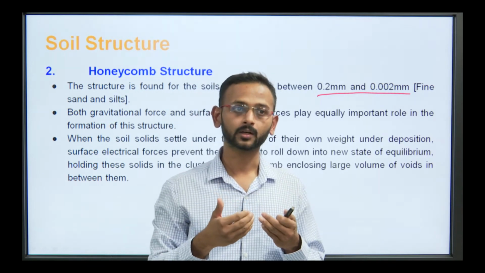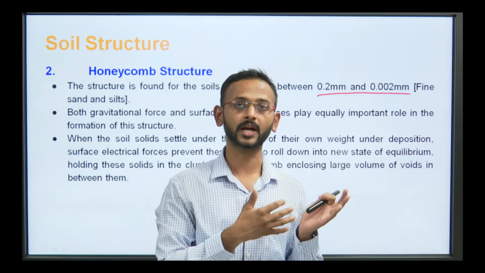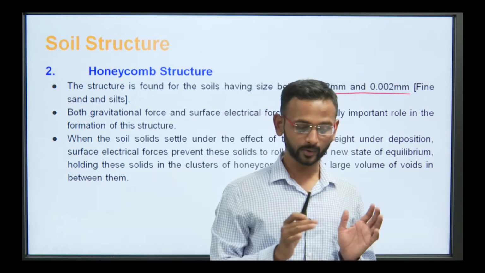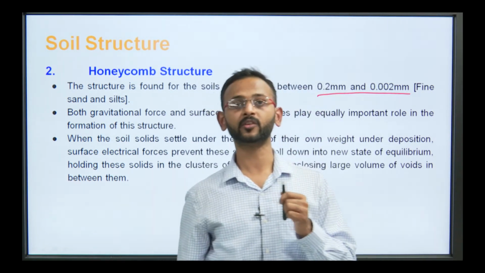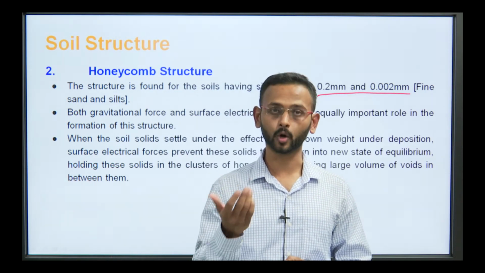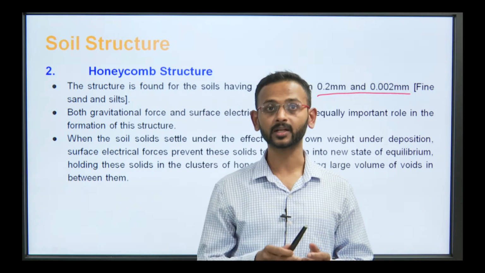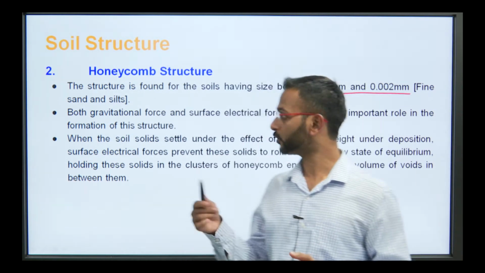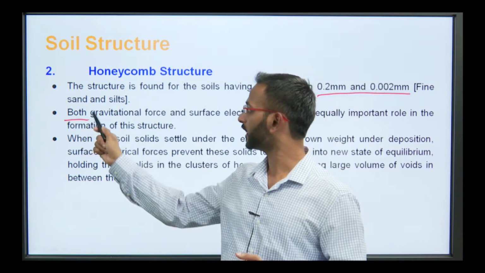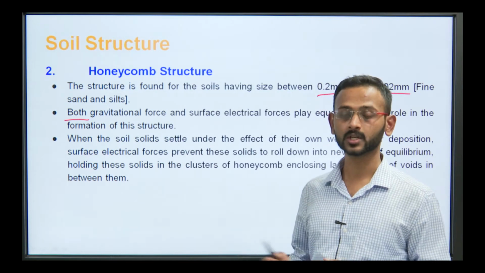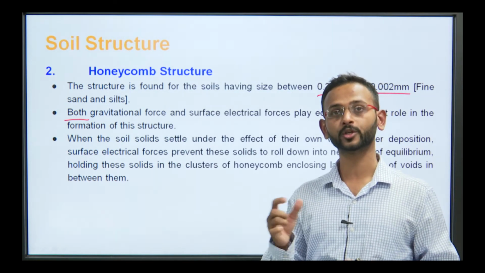Smaller than the previous stage that we discussed, that is fine sand and silt. Remember, in the previous case gravitational force was dominant. Here both the gravitational force and surface electrical forces are equally important. Both play an equally important role in the formation of this structure.